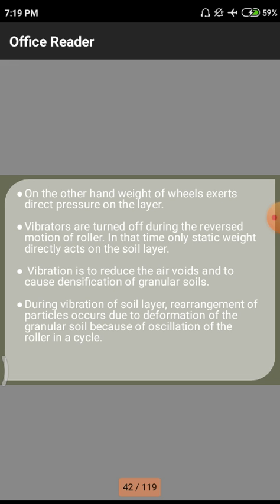Next, vibrations are turned off during the reverse motion of the roller. That means once the roller moves in a forward direction, there are frequent vibrations and it moves slowly. After it covers a particular road length, it moves backward with no vibrations.